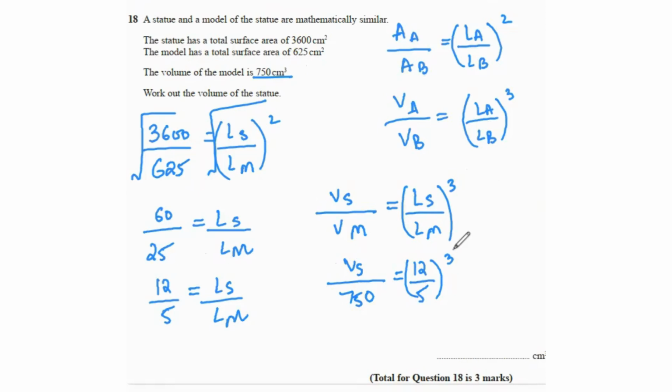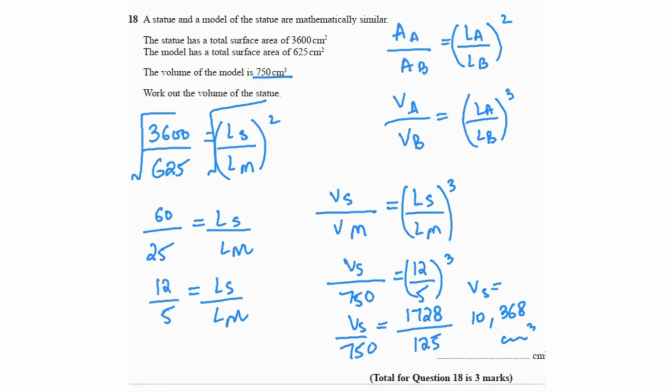So 12 cube is 1728. 5 cube is 125. So volume of statue is going to be 1728 times 750 and then divided by 125. That's 10,368 centimeter cube. That is the volume of the statue.